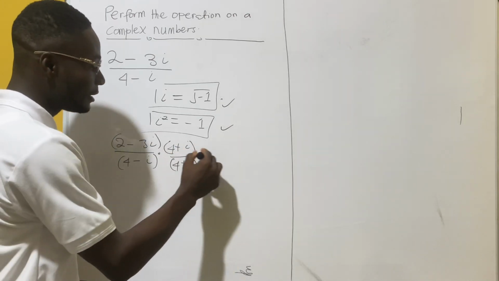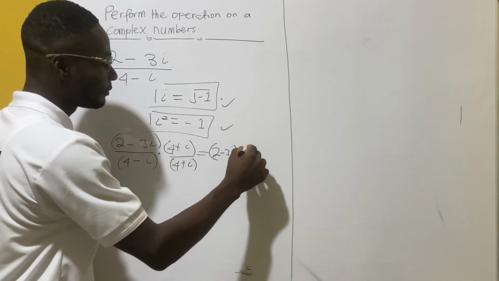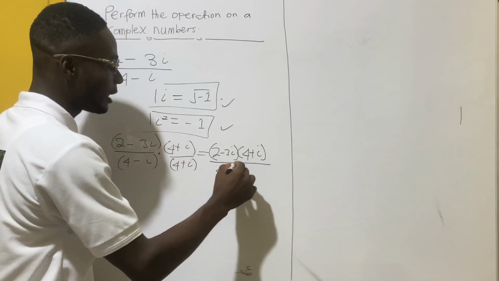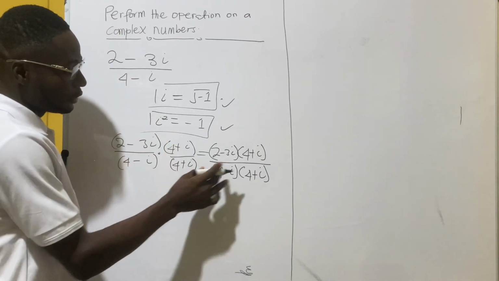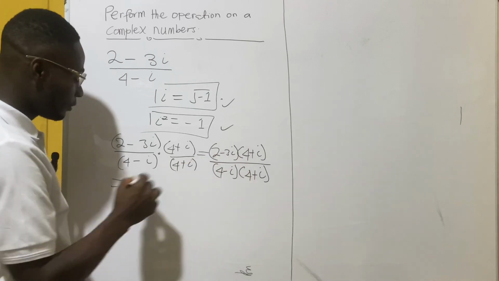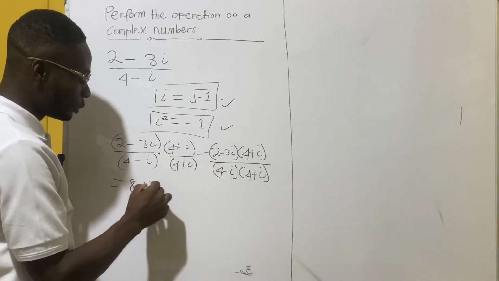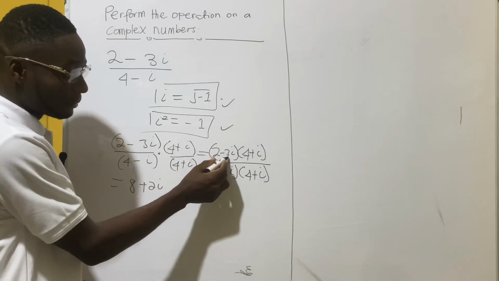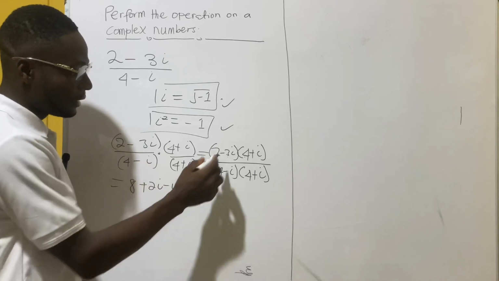Now we multiply the numerator, which is (2 minus 3i) times (4 plus i), all over (4 minus i) multiplied by (4 plus i). So we perform this operation. We have 2 times 4, that is 8. 2 times i, that is plus 2i. Then 3 times 4, that is minus 12, so minus 12i.